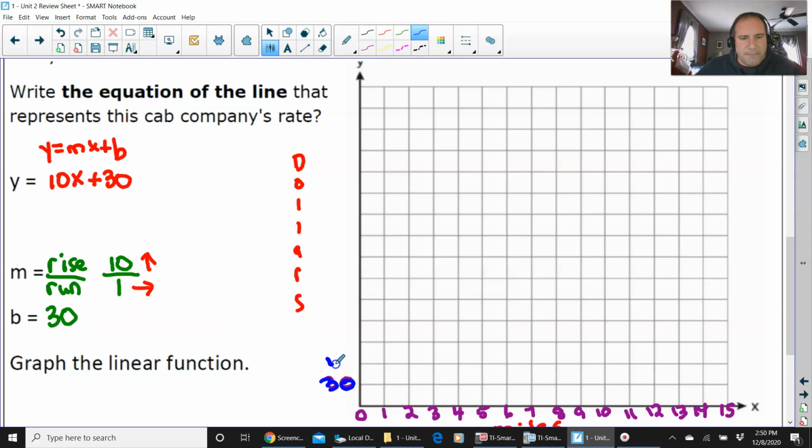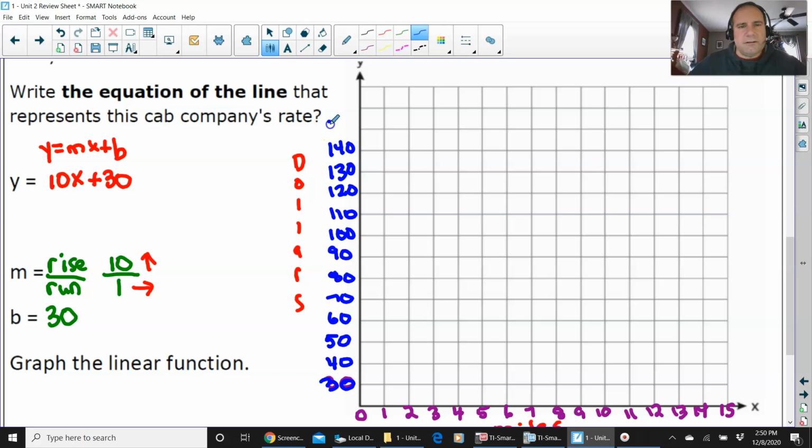Rise 10, rise 10, rise 10. And you keep on counting by tens. You're setting your graph up to be easily constructed. Using your slope, you start at the y-intercept.